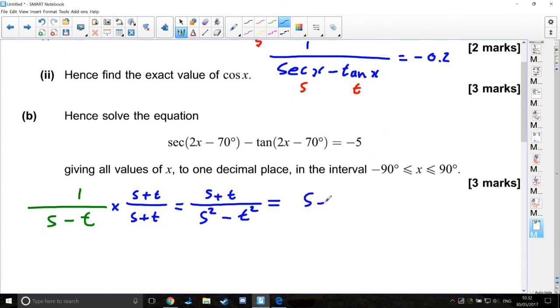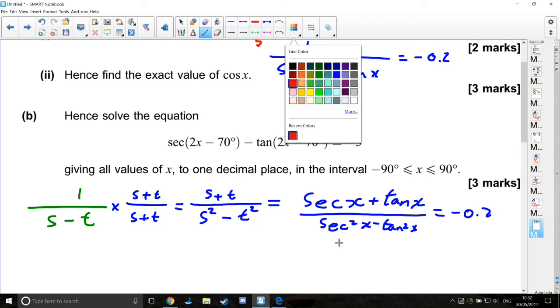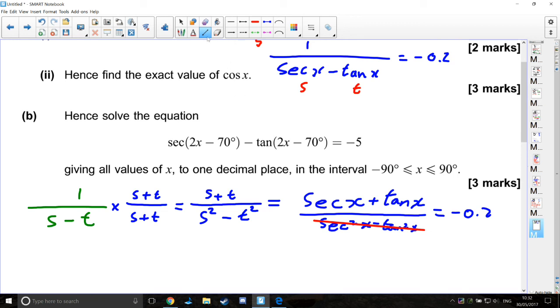So that is sec x plus tan x over sec squared x minus tan squared x is negative 0.2, and this just cancels down to give 1.